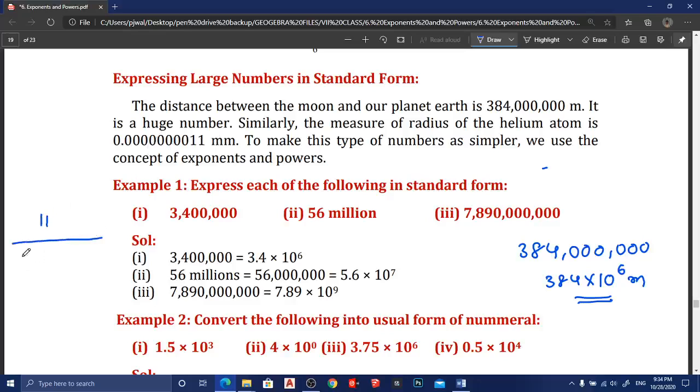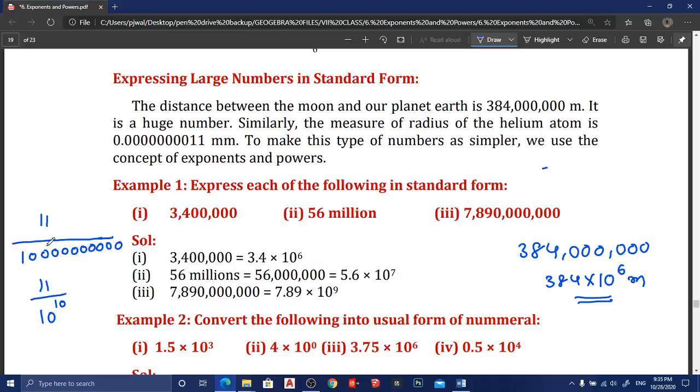So 11 by 1 followed by 8 plus 2, 10 zeros. 1, 2, 3, 4, 5, 6, 7, 8, 9, 10 zeros. To simplify this, you can write 11 by 10 to the power of 10.